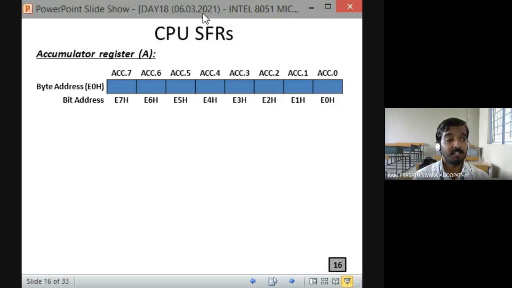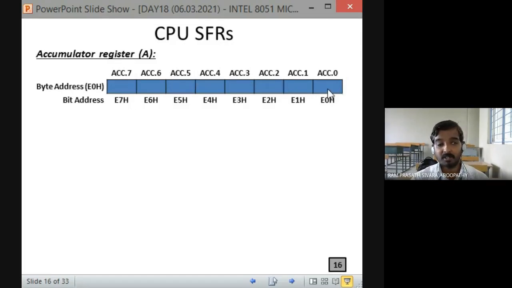First, we will see about the accumulator register. The byte address of the accumulator register is E0. In your instruction, even if you use E0 instead of accumulator, it refers to the accumulator register only. Each bit of the accumulator can be accessed as ACC.0, ACC.1, ACC.2, ACC.3 up to ACC.7.